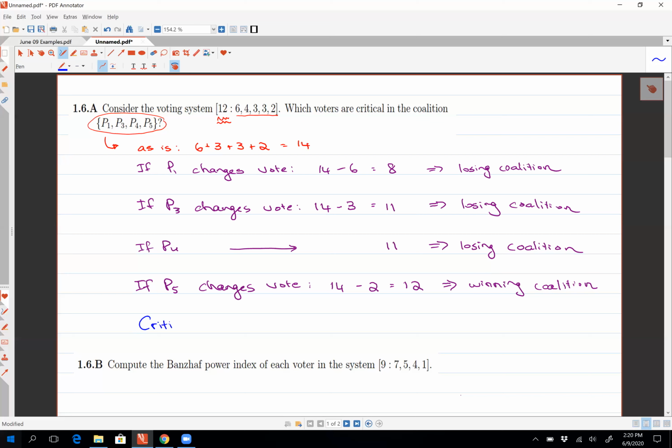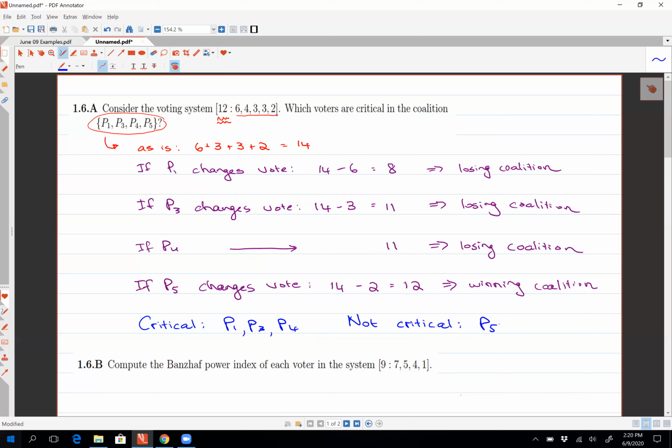So the ones that were critical, that if they changed their votes, it went from a winning to a losing coalition, were voter 1, voter 3, and voter 4. And the one who is not critical was voter 5, because even if they changed their mind, it would still be a winning coalition without them.